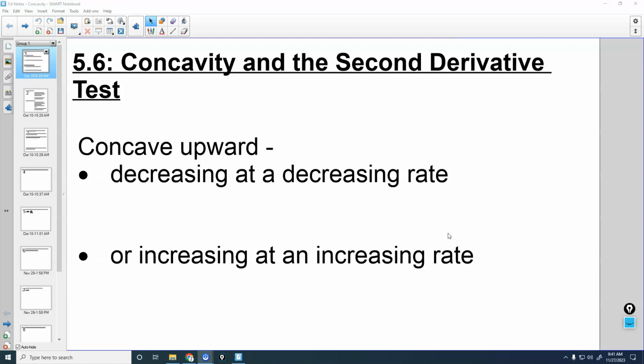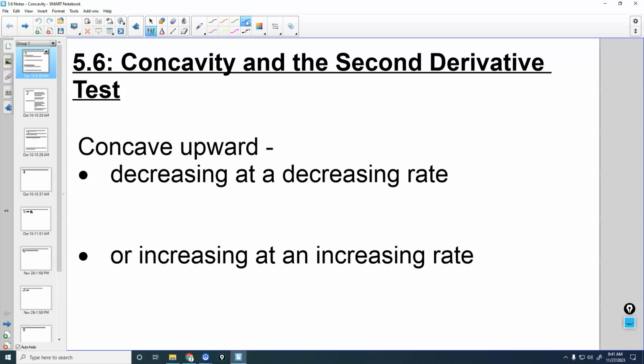So if something is concave upward, we generally just talked about it being curved upward, right? Ways to describe this a little more precisely: something that is concave upward can be decreasing at a decreasing rate. Let's think about what that would look like.